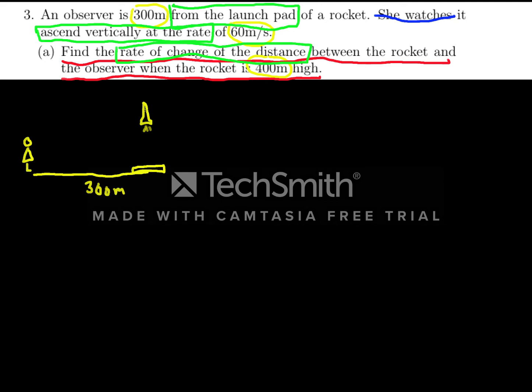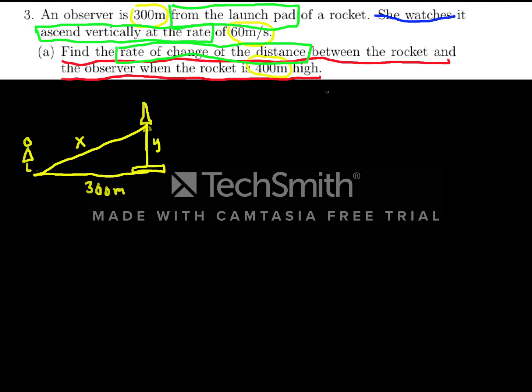So its ascension, going up and down, is some variable. I'll call it y. And we want to know the rate of change of the distance between the rocket and the observer. So we can look at that as a straight line from the observer to the rocket. I'm measuring, in this case, from the foot of the observer, and we'll call that x.